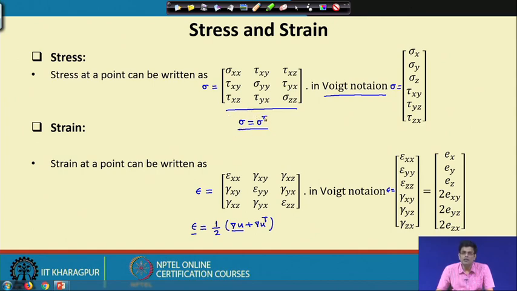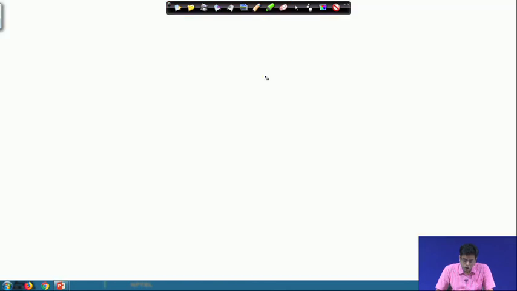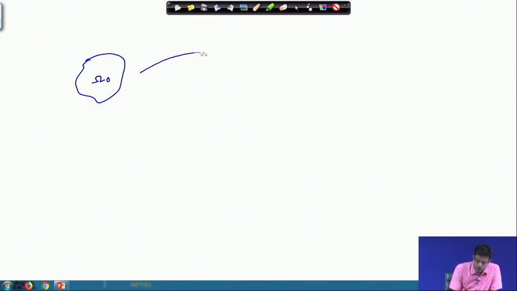So, now what comes after this is the balance law. Any body which is deforming, suppose there is a body, the body is deforming from the initial configuration which is omega 0 to another configuration which is omega. So, this is a body. You know what is the concept of traction.